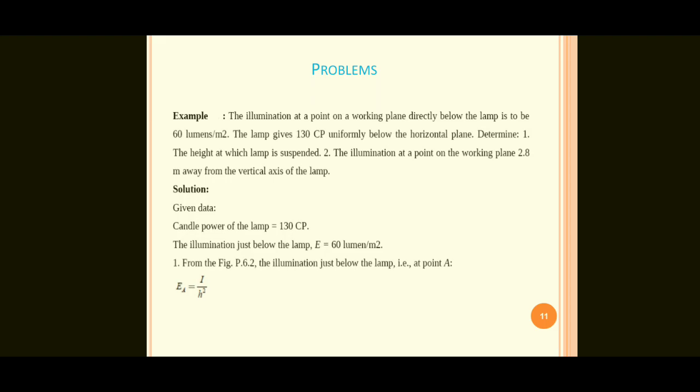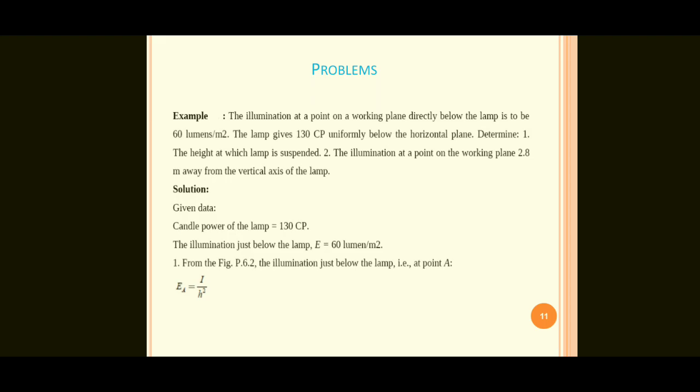The lamp gives 130 candle power uniformly below the horizontal plane. Determine the height at which the lamp is suspended, and the illumination at a point on the working plane 2.8 meter away from the vertical axis of the lamp.